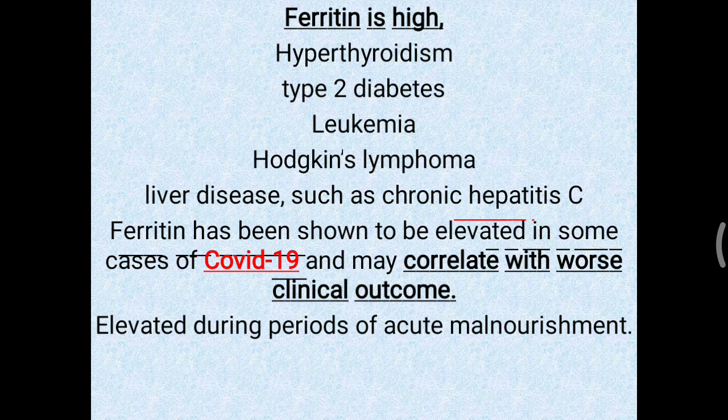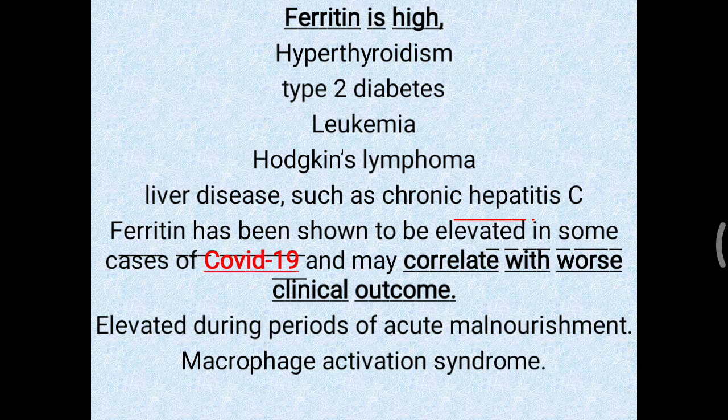So it is not only one condition like anemia or only COVID-19; there are so many clinical conditions that you have to take care of when estimating the serum ferritin level. In macrophage activation syndrome, an extreme or sudden rise of ferritin is seen.